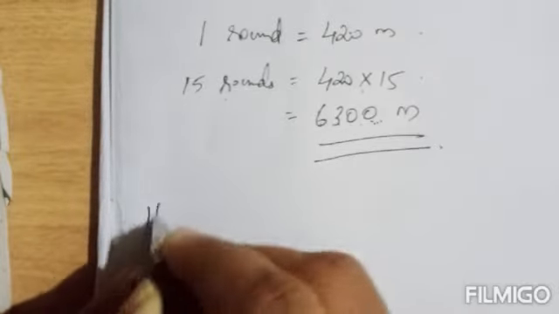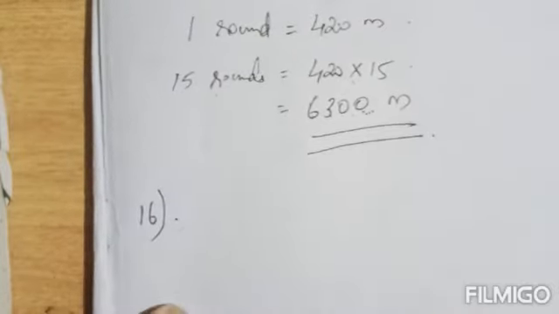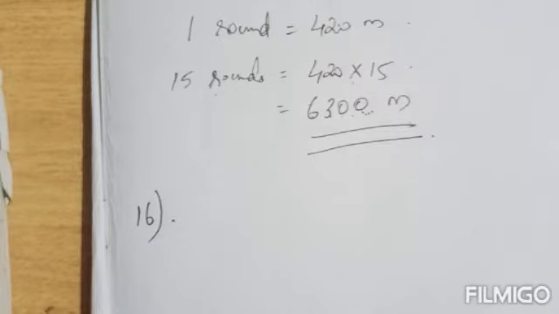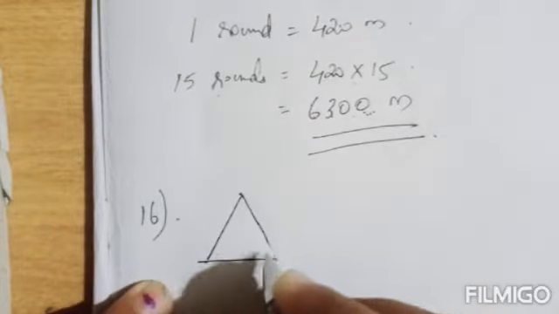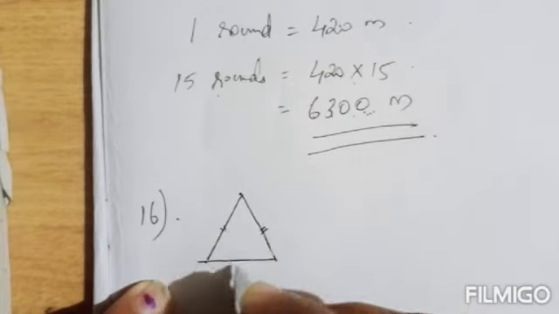Next, 16th question. An equilateral triangle and a square have equal perimeters. If the side of the triangle is 9.6 centimeter, what is the length of the side of the square? An equilateral triangle means all sides will be equal.